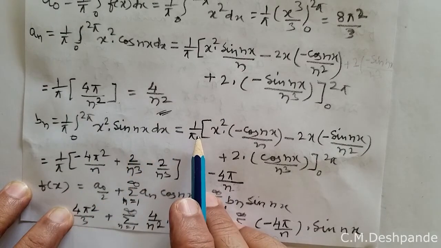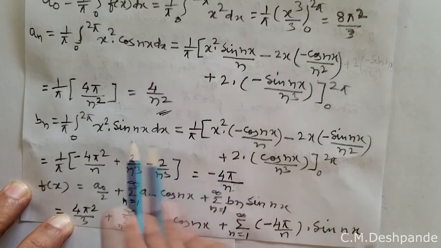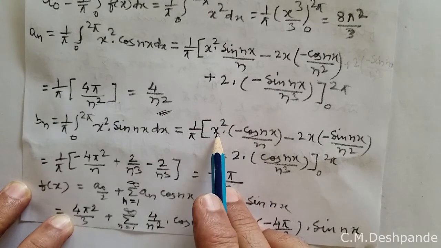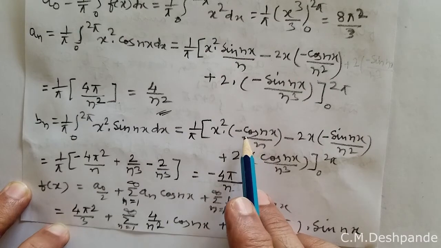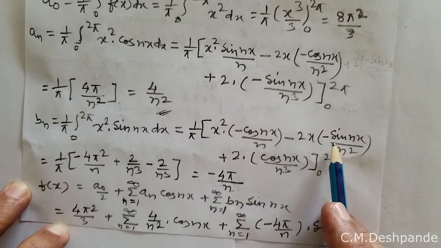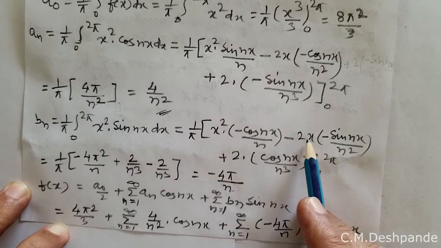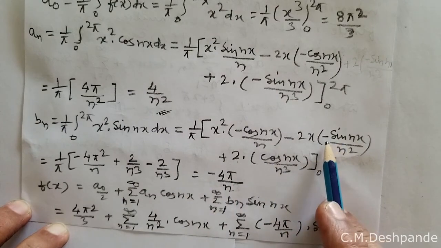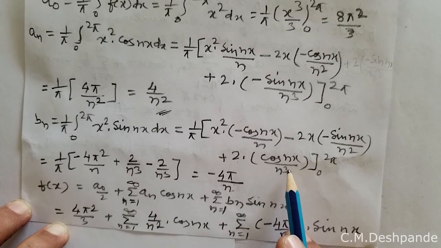Again use the integration by parts formula, 1 by pi, first function as it is, integrate the second, integration of sine is minus cos of nx upon n, differentiate the first function, which is 2x, and integrate the second function again, integration of minus cos of nx upon n is minus sine of nx upon n square, plus again differentiate the first function, the derivative of 2x is 2, and integrate this function, integration of minus sine is plus cosine, so cos of nx upon n cube, and this is the last term of integration by parts.